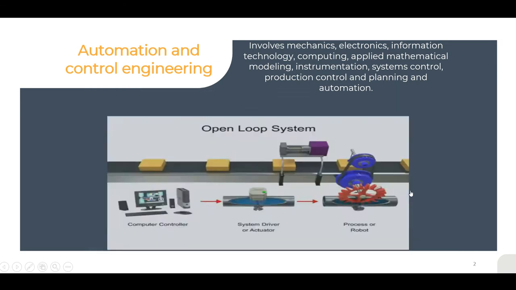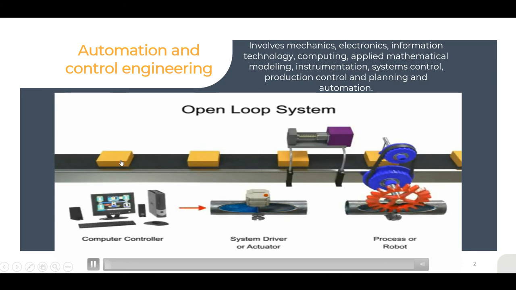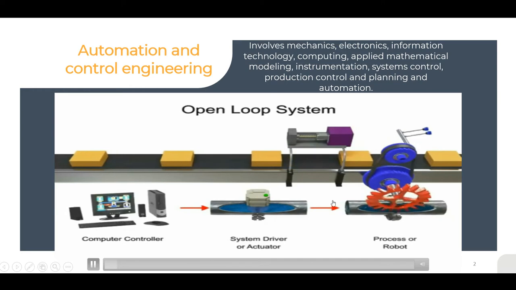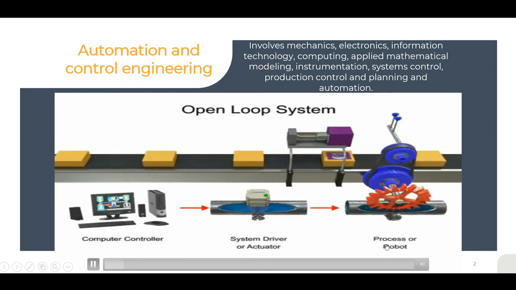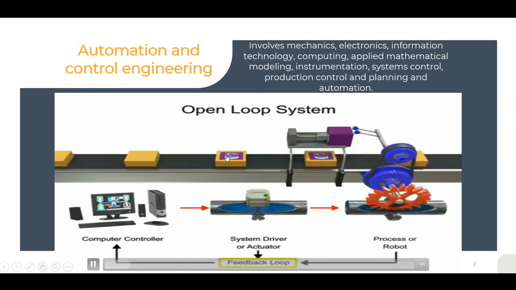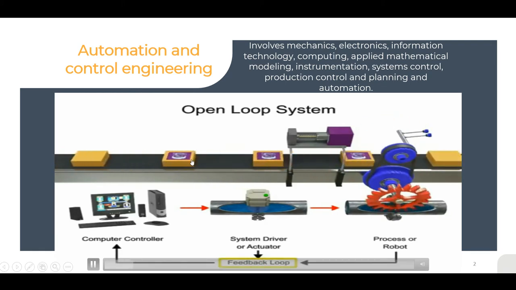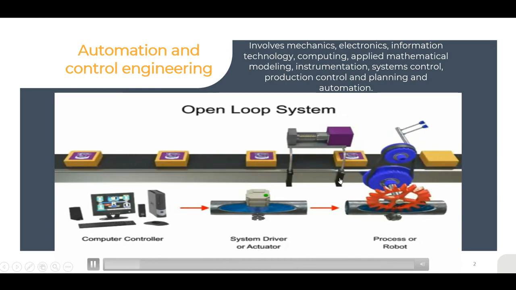So here's an open loop system. What is happening? Maybe let's just say this is packaging. The signal computer controller is now processing the robot system driver or actuator to process, and then it's putting stickers or labels onto these packages. So that's what is happening over there.